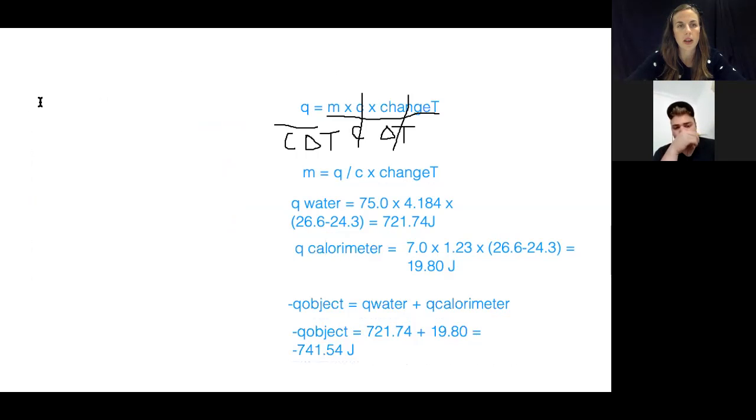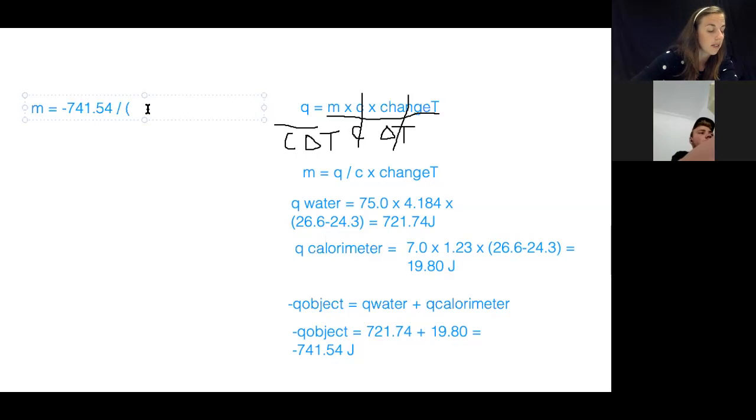Okay, so now I'm going to go back to this mass equation to try to find the mass. So mass equals Q, which I just found right here, divided by, and then in parentheses, I'm going to put C times the change in temperature. So the C, the specific heat of glass, I erased it, but they gave it to you in the problem. You just plug that number in.